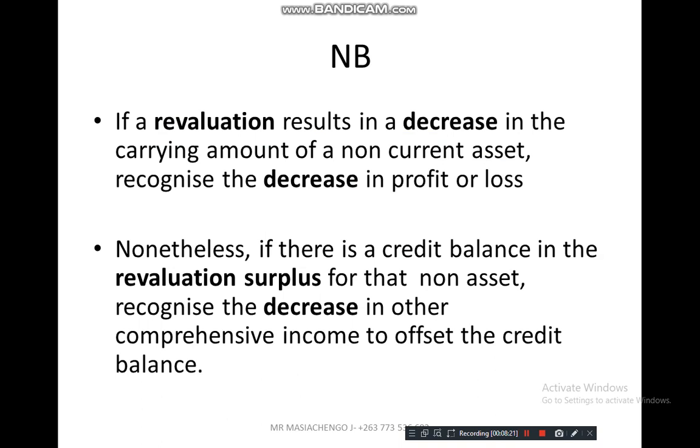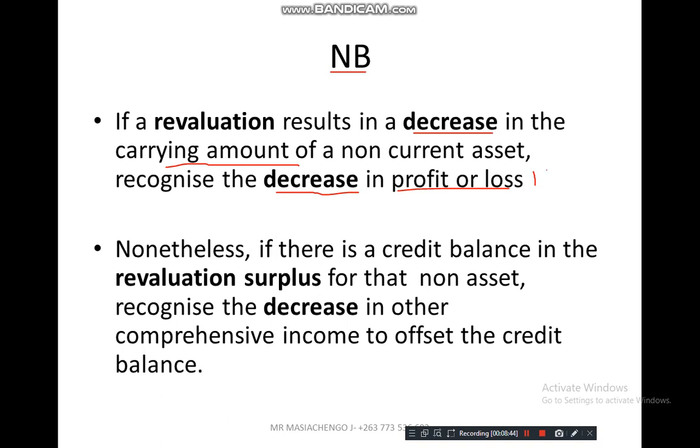Okay, but as a few takeaways, which I think is very necessary, NB: if a revaluation results in a decrease in the carrying amount or the net book value of an asset or the non-current asset, we recognize the decrease in the P&L or our income statement.